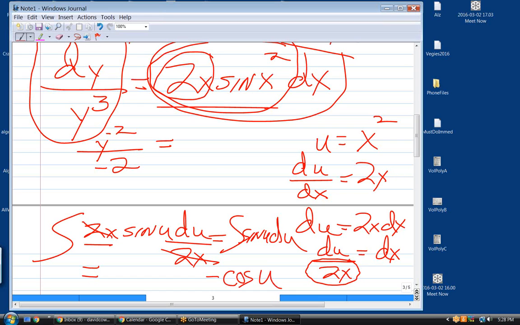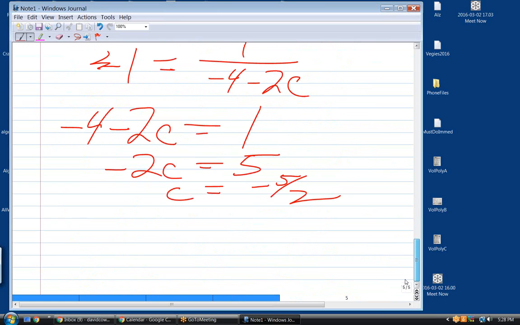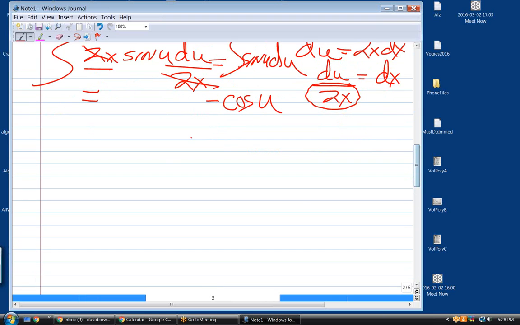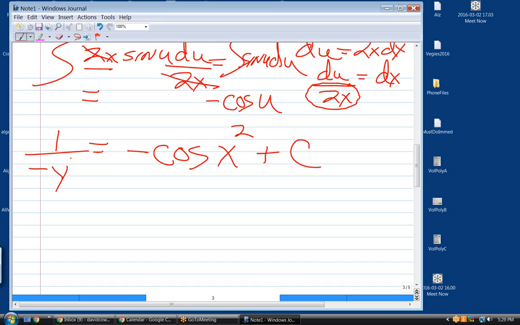And now go back and resubstitute for u, so you end up with minus cosine of x squared plus c on the right side. On the left side, we had 1 over minus y squared.